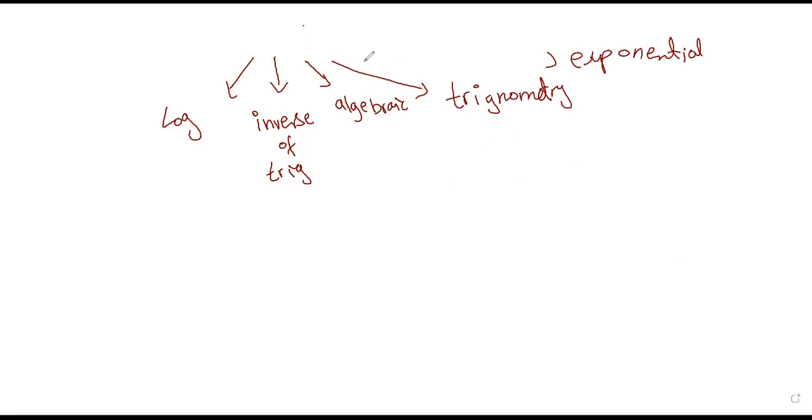Oh, I've rubbed that as well, sorry. LIATE. This is exponential. This is trigonometric. This is algebraic, inverse, and logarithmic. So are you done with noting it down?